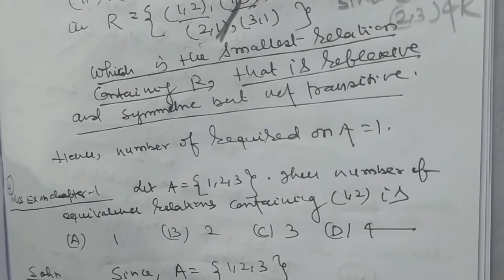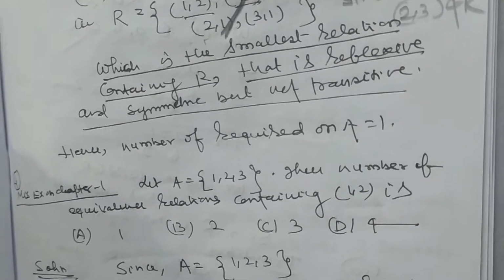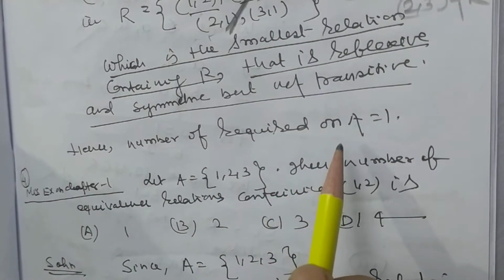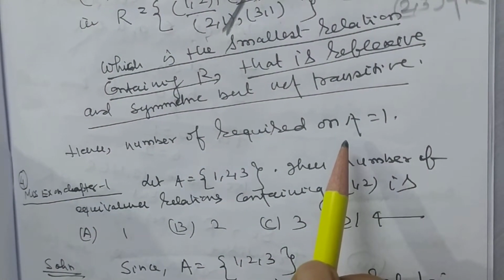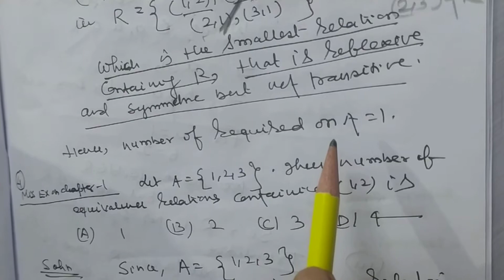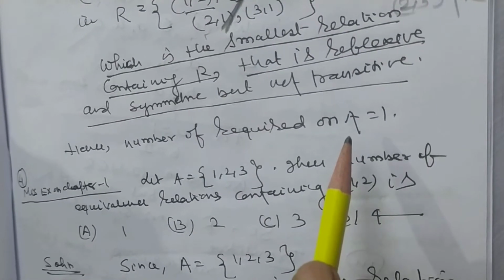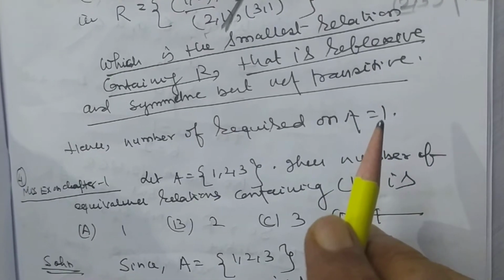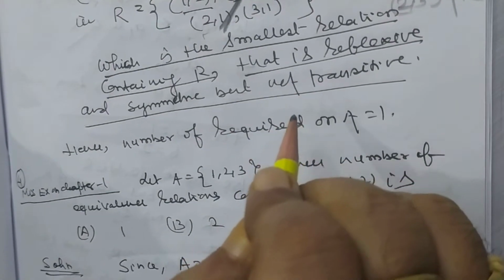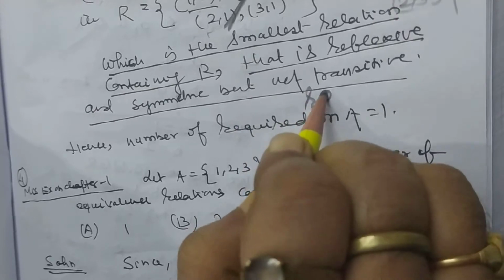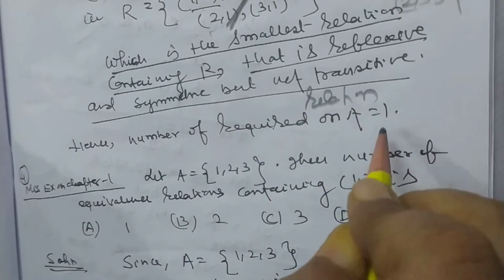Hence, the number of required relations on A is 1.